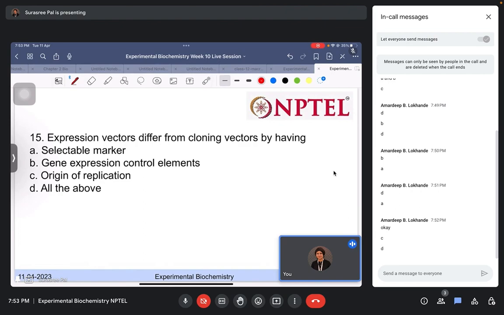No, D is not the correct answer. What is the difference between expression vector and cloning vector? All cloning vectors will also have a selectable marker and origin of replication, but these gene expression control elements are only present in the expression vectors, which is why they help in expression of the gene. So the correct answer is B.